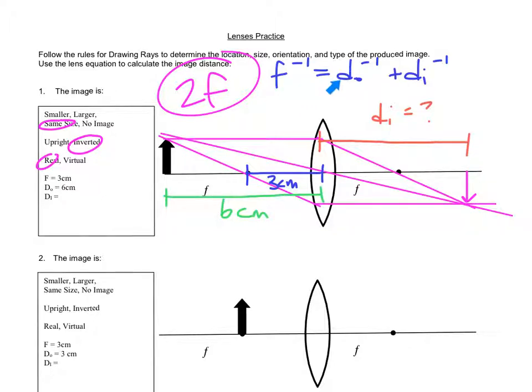The opposite of a positive DO is a negative DO. So I end up with the inverse of F minus the inverse of my object distance is equal to the inverse of my DI. So I'll plug in my F here, so it'll be the inverse of 3 minus the inverse of 6 will equal the inverse of my image distance. And then from there I can solve for DI.